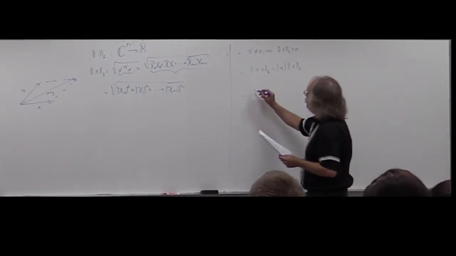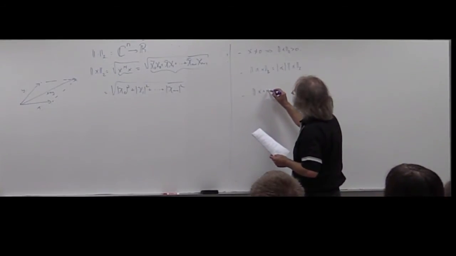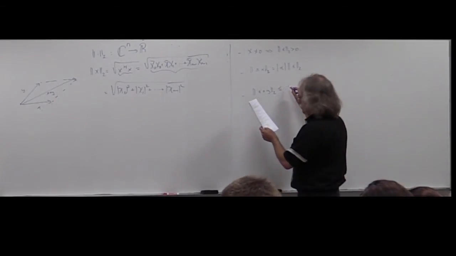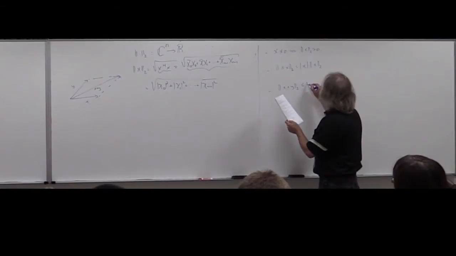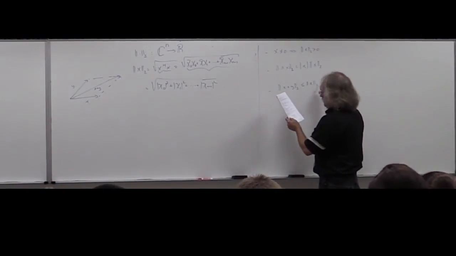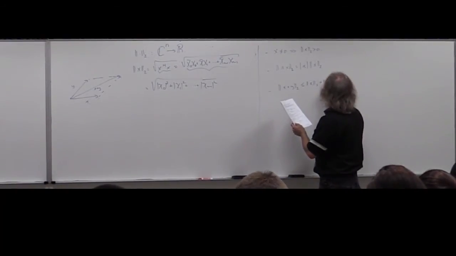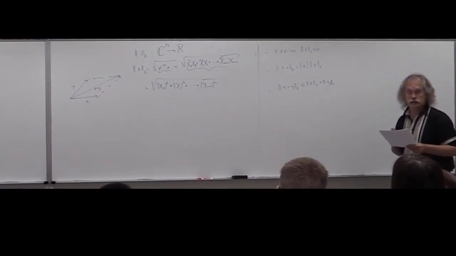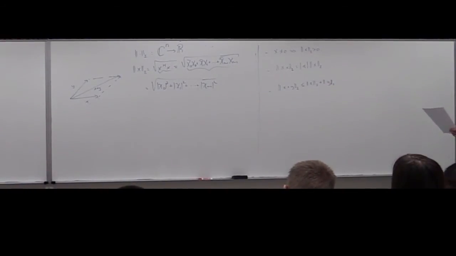You want to prove that x plus y in 2 norm is less than or equal to the 2 norm of x plus the 2 norm of y. That's the triangle inequality. Okay?